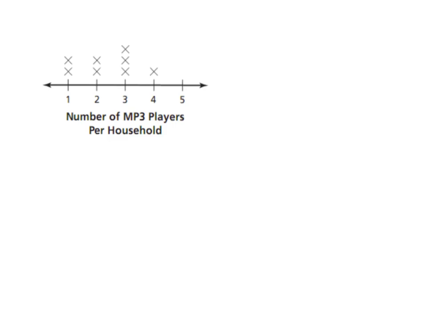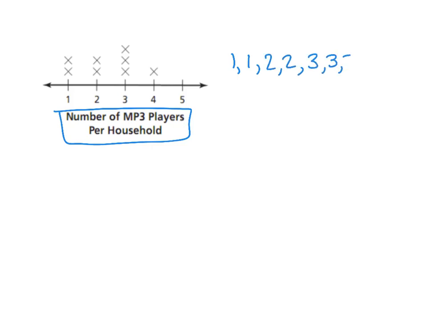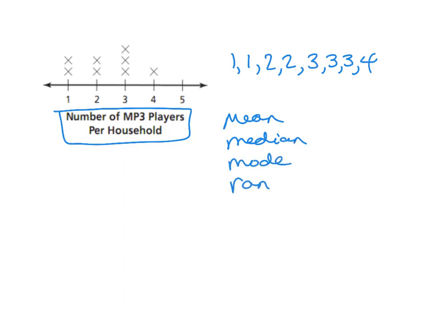So here is one that we do have numbers for. We have the number of MP3 players per household. So we're going to write down each number. There's 2 1s, 2 2s, 3 3s, and a 4. So we have mean, median, mode, and range. 4 minus 1 is 3.